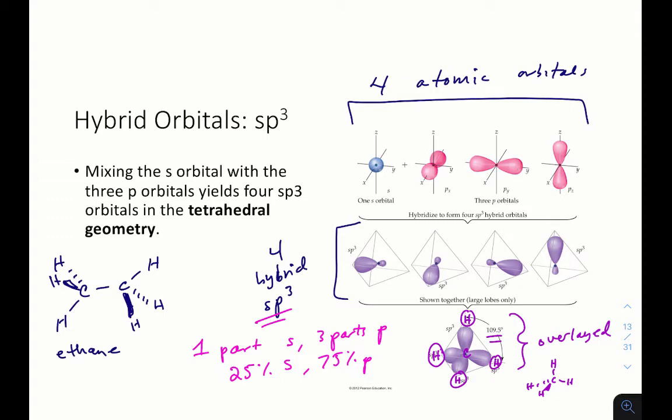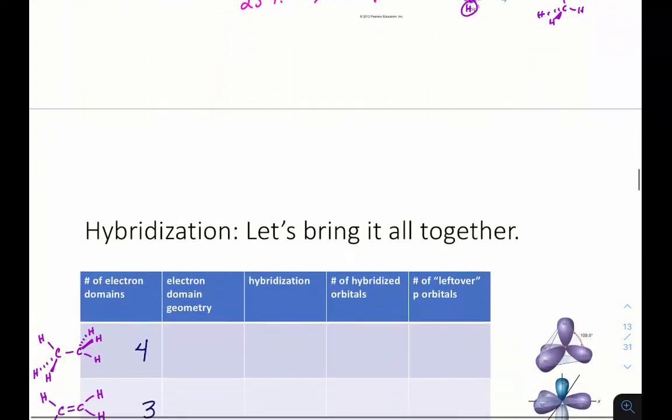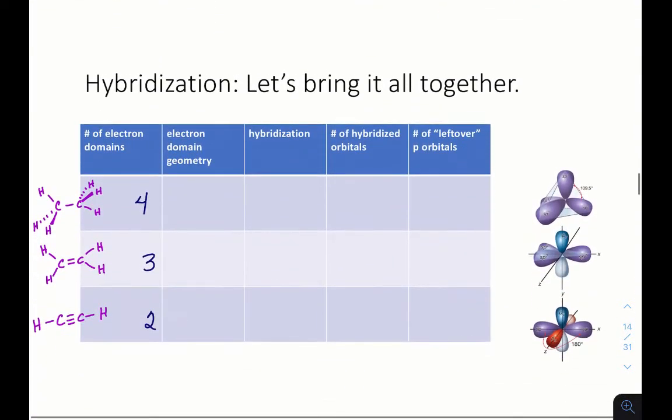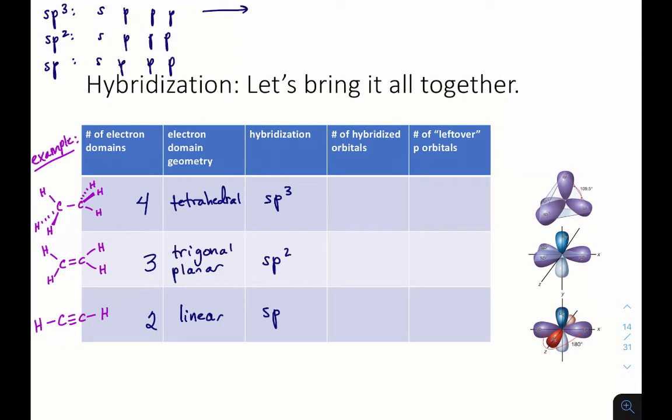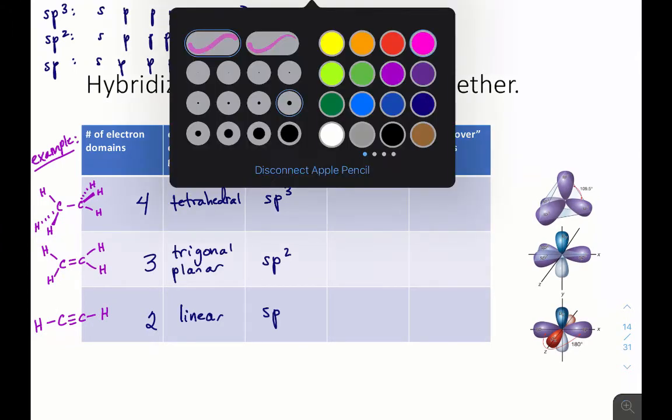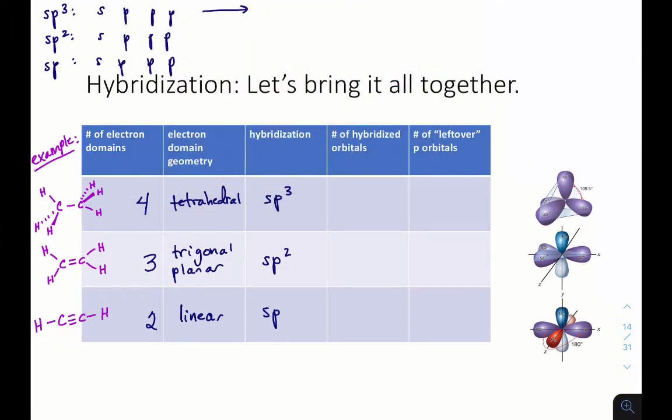Let's summarize. Pause and fill in this chart. For 4 total electron domains and tetrahedral geometry, the hybridization of the atom will be sp3.